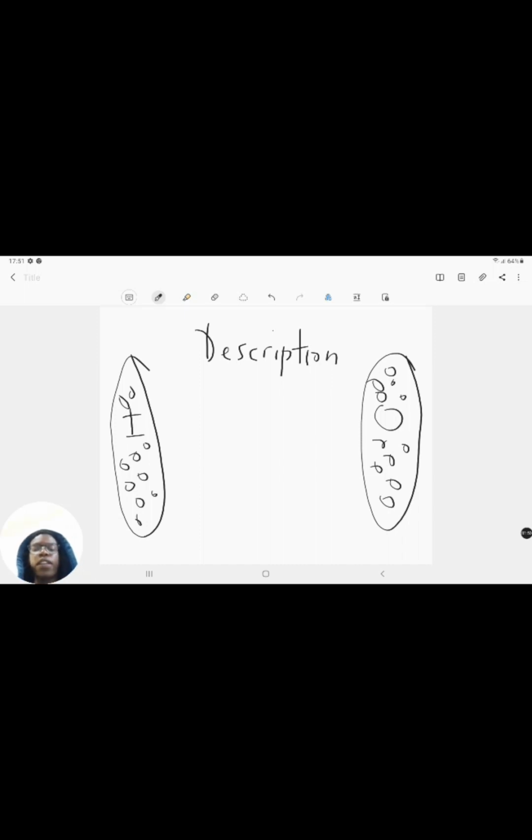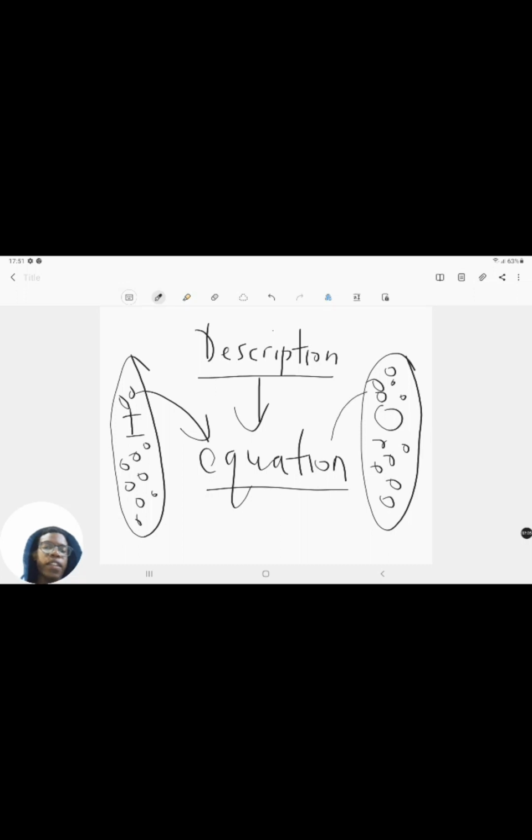These are not zeros, just circles representing input values. The description in the middle is the equation. This equation tells you that if you take a specific input value, you are going to get a specific output value out.